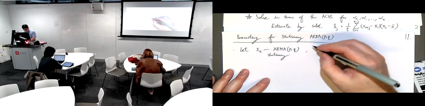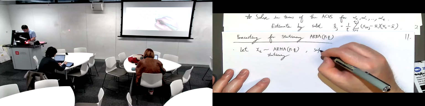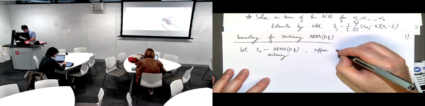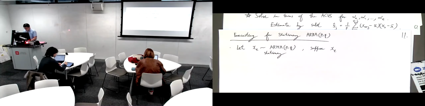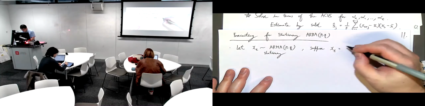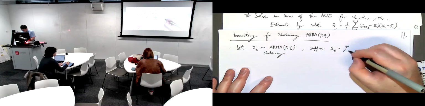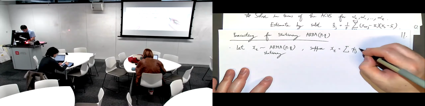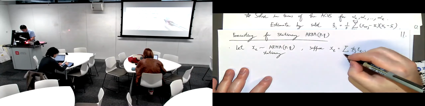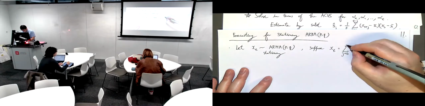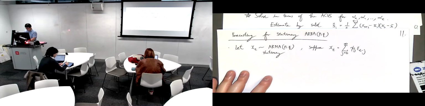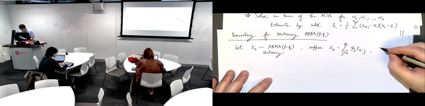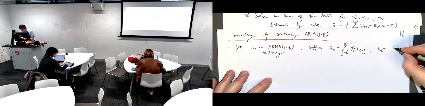So it's stationary, so suppose xt can be written in this MA infinity form. And let's suppose your epsilon t is IID.